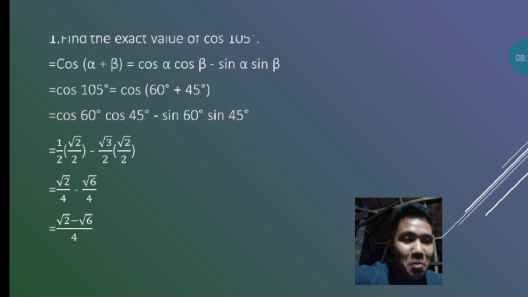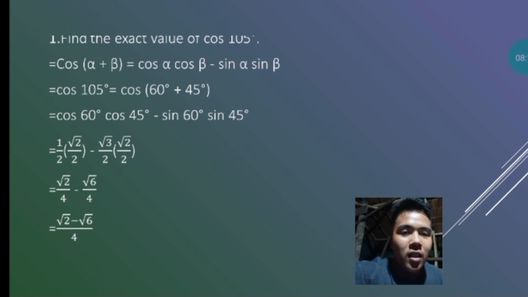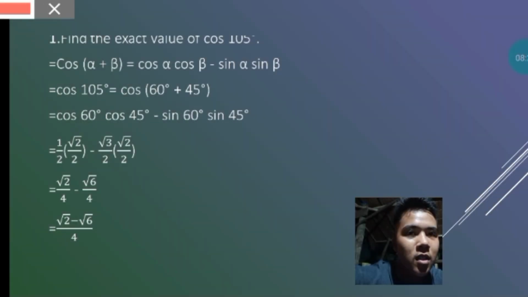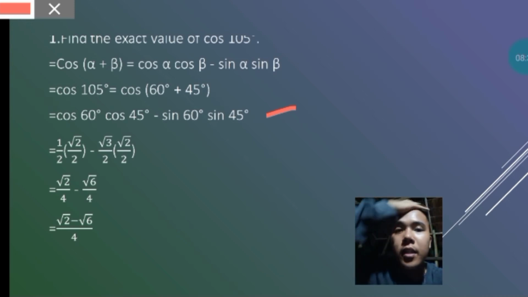So you write it down in the formula itself: cos 60 degrees multiplied by cos 45 degrees minus sine 60 degrees multiplied by sine 45 degrees.